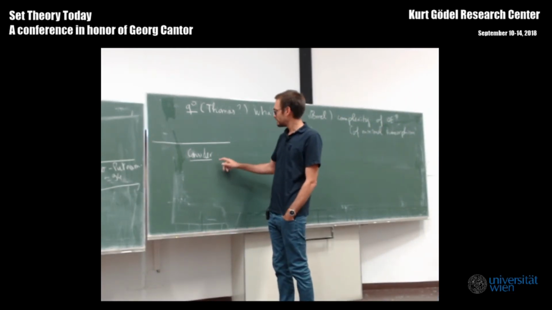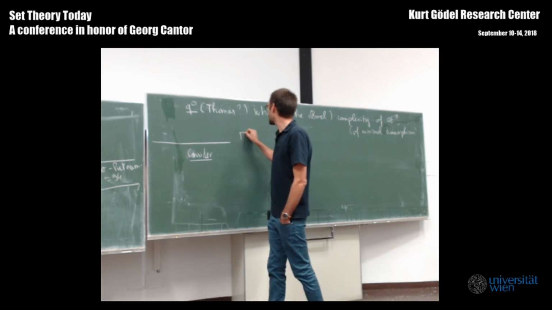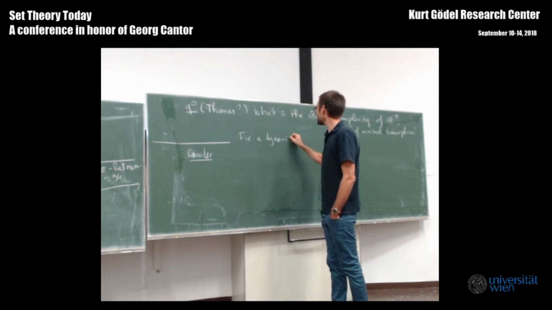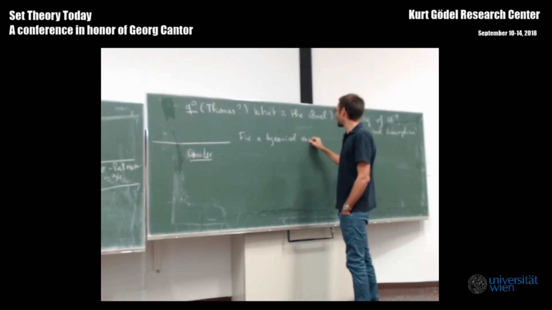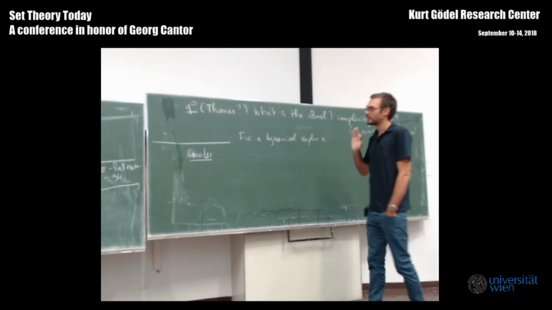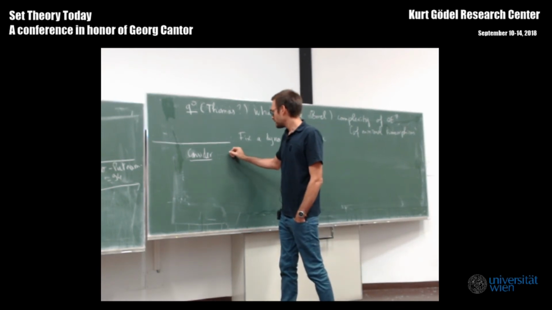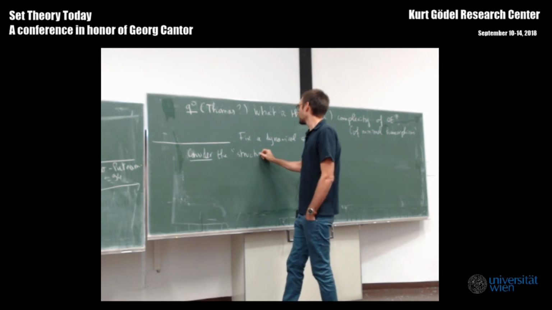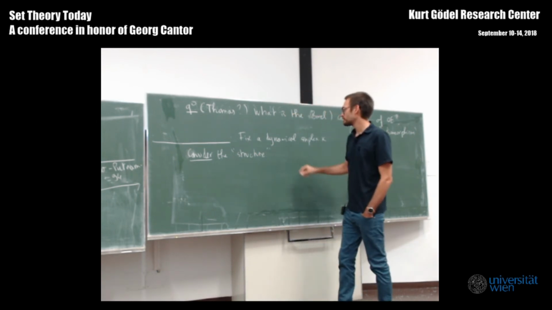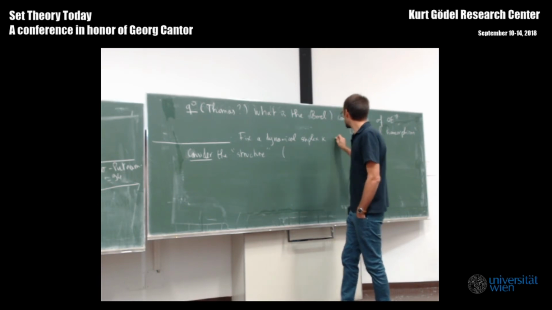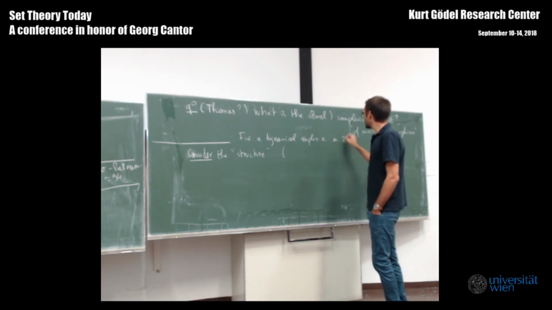So fix a dynamical simplex. I will at least say where Fraïssé classes come up, and then wave my hands. Consider the structure, definitely not a first order structure, but doesn't matter, on the Cantor space X, 2 to the omega.